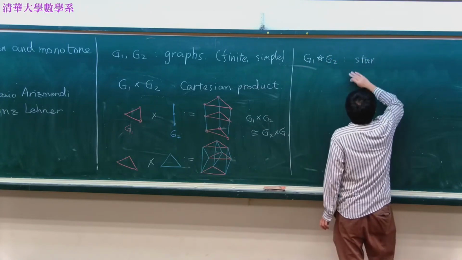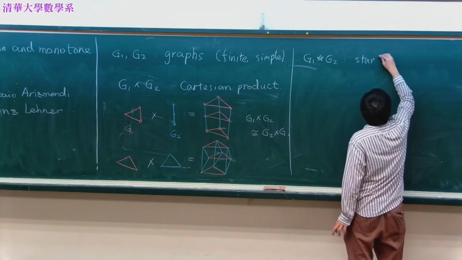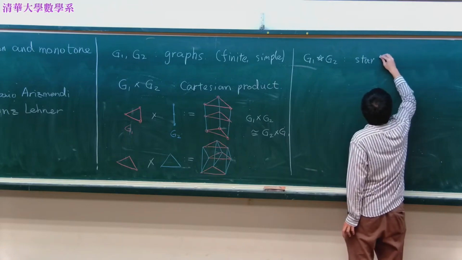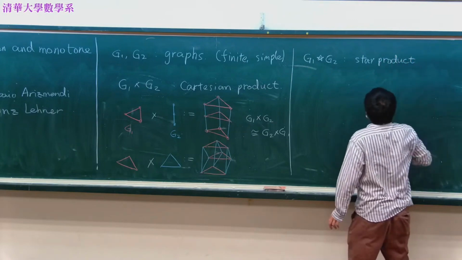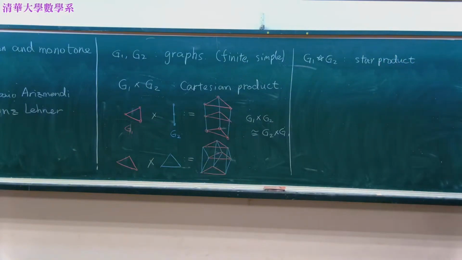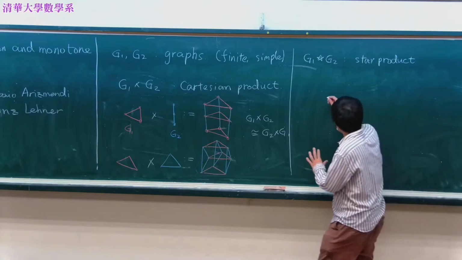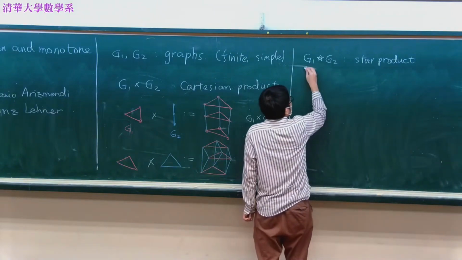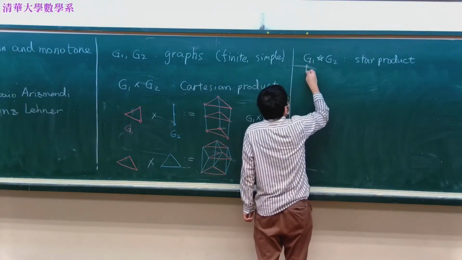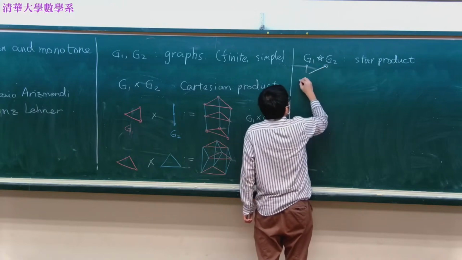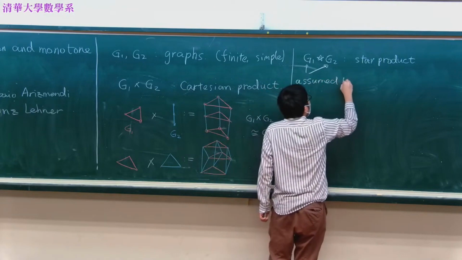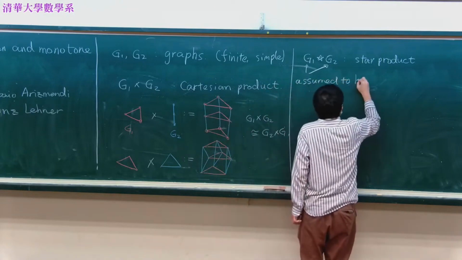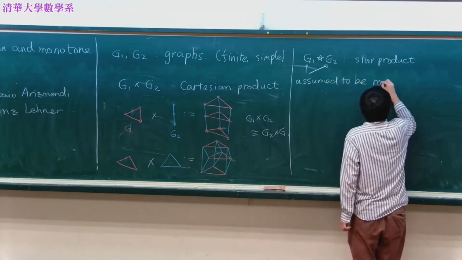But I think this name may be different in other fields. More precisely, to define the star product, G1 and G2 are assumed to be rooted graphs.